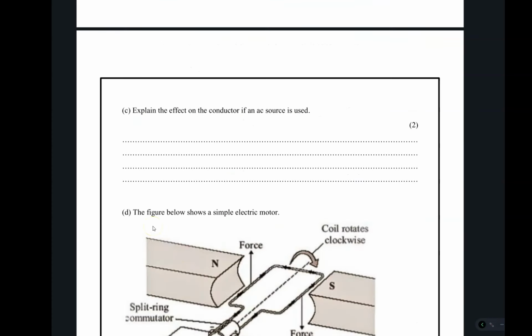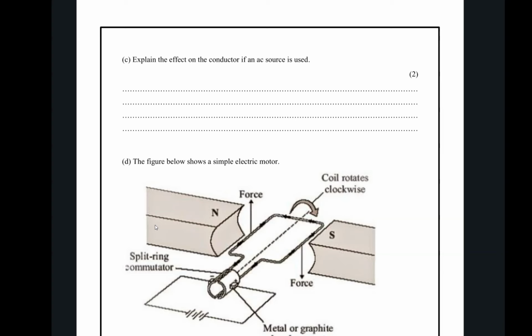Explain the effect on the conductor if an alternating source is used. In the previous section, we used direct current. Now, when we use alternating current, there is something that is going to happen. Remember, alternating current keeps on changing size and direction. So the fields that are going to be created when using alternating current are going to be changing in magnitude and direction.